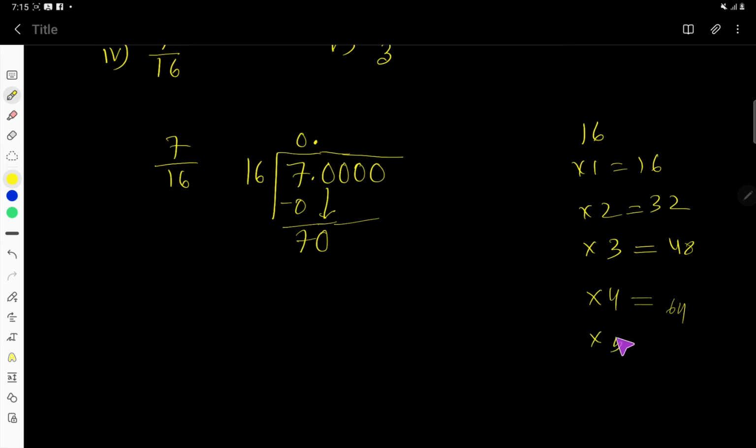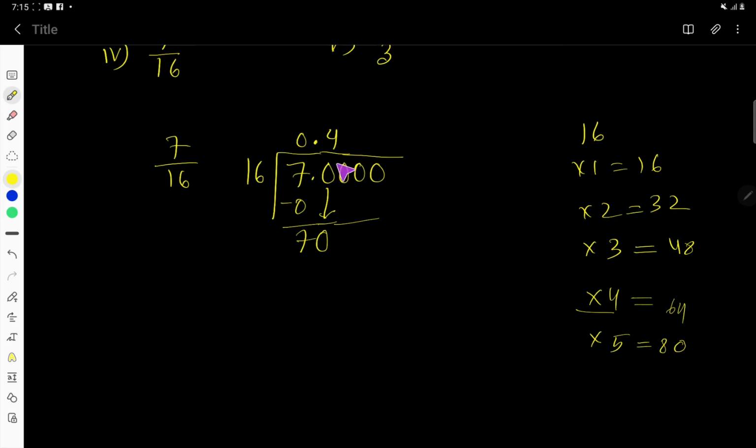If I take 5, then just add 16 with this 64, you are getting 80, which is greater than 70, so we'll stop here. So 16 goes into 70 4 times, right?